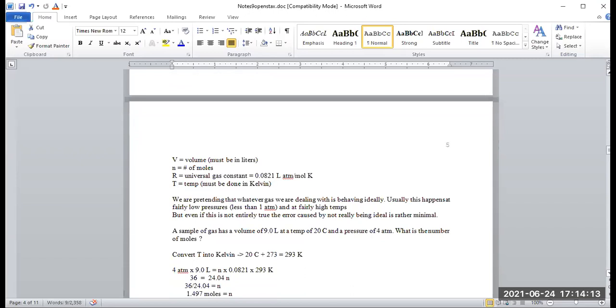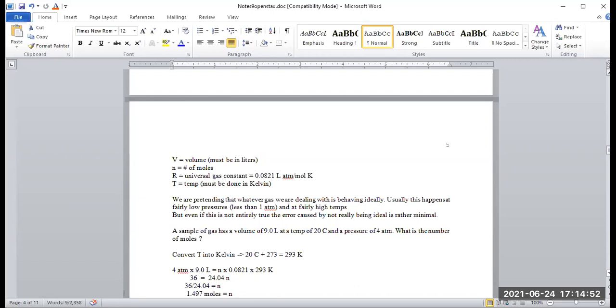We're also making some assumptions here that are not entirely true. Because it is called the ideal gas law, we are assuming that the gases are behaving a particular way. As long as we are at an atmosphere or maybe a little less, we're good to go, because normal, average, everyday lab situations are about 1 atmosphere.